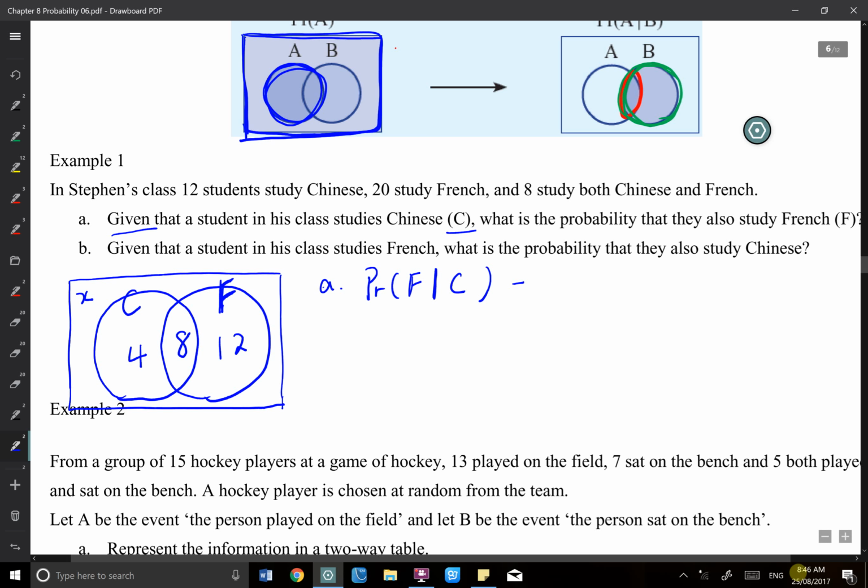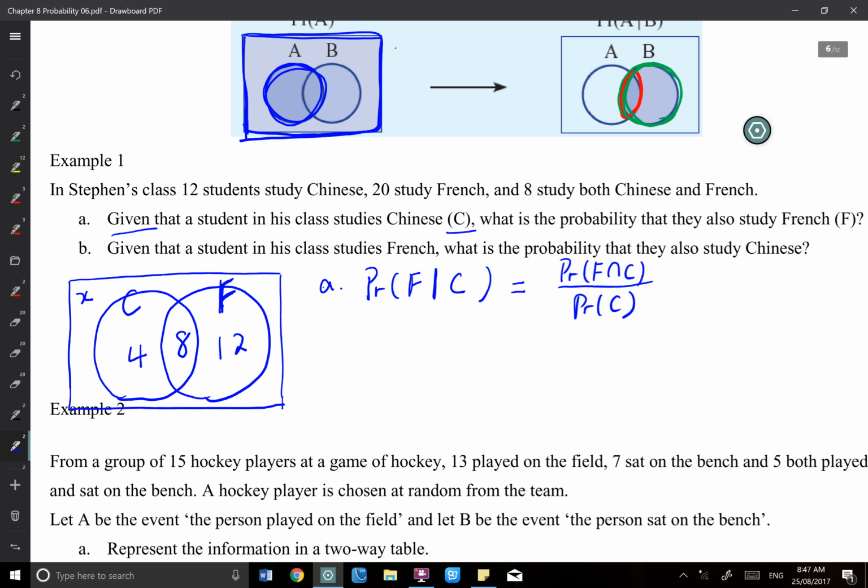So if you use the first formula, it's probability French intersects Chinese divided by the probability of Chinese. If I purely use this formula, I can't do it. Why can't I do it? Because I don't know the total. I can't find probability of Chinese. Probability of Chinese should be done by 12 divided by the total number, but I don't know the total number.